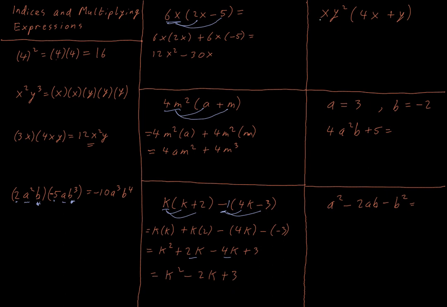Now here I have something a little bit more adventurous looking. I have y squared multiplied by 4x plus y. I multiply what's outside the bracket by each thing inside. And I have xy squared on 4x multiplied by 4x plus, there's no symbol here, so that means a plus, x y squared on y.